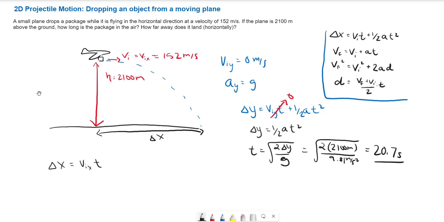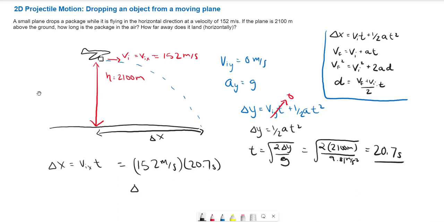Now, there's no acceleration in the x direction in free fall problems, so that term is 0. So delta x is just v initial x times t. We are given that v initial is 152 meters per second, and our time that we just found is 20.7 seconds.